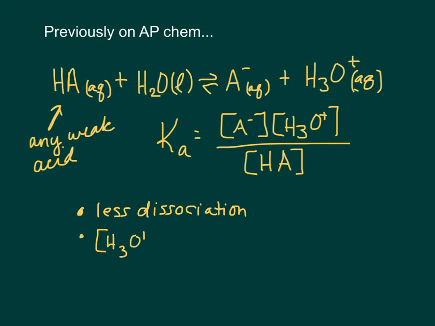So take a moment to ponder that our hydronium ion concentration is lower. That should make sense, that if that's true, our pH is higher, but it's still less than 7 because we're talking about acids. So take a moment, ponder those thoughts.